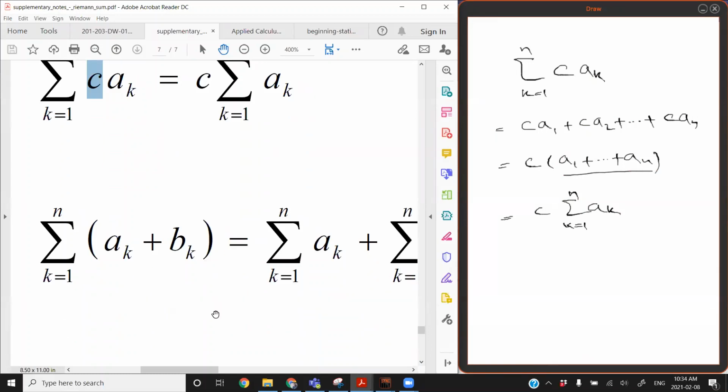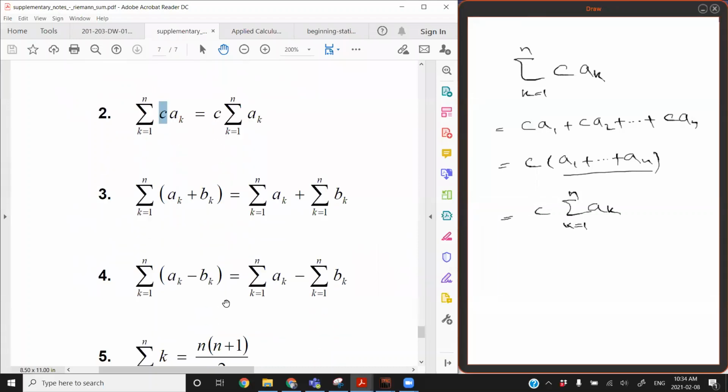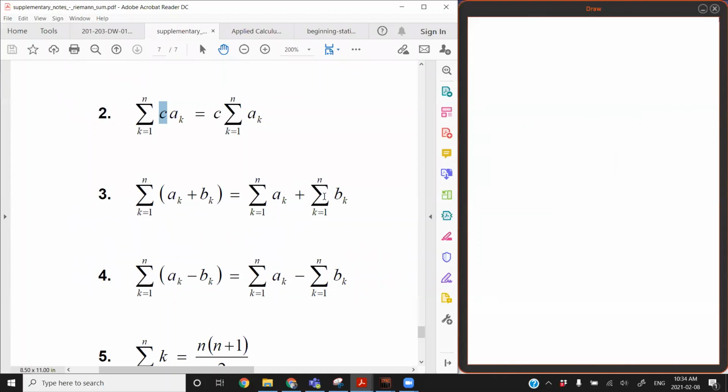The next property is basically the commutative property of sum. Because if you have sigma a_k plus b_k, k from 1 to n, then this is a_1 plus b_1 all the way to a_n plus b_n. But you know that it doesn't matter in which order you add up numbers.